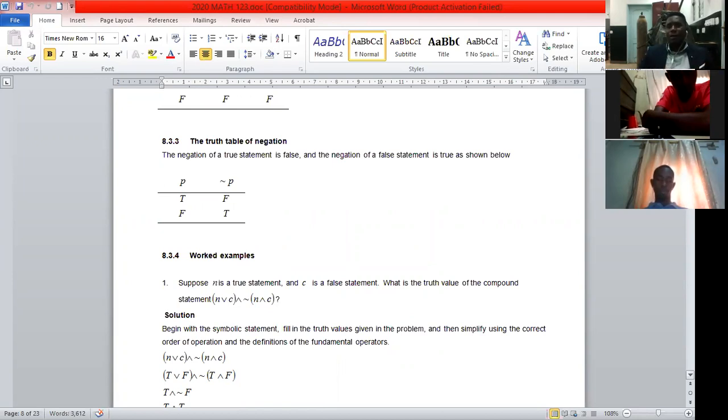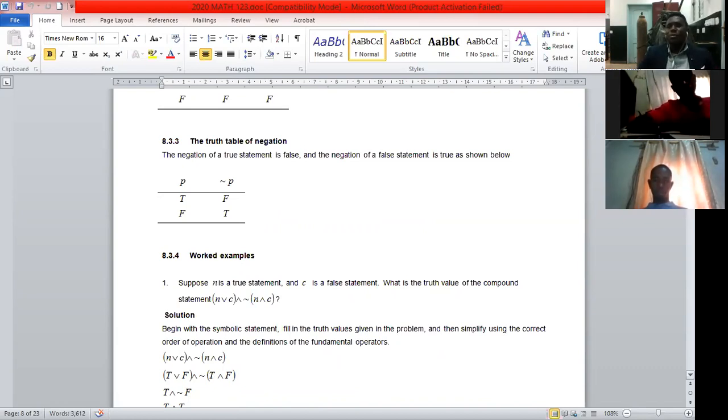These are operators in logic that we have used, and you know how to write the negation of a statement. You should also be able to do the truth table now of conjunction, negation, and disjunction. You should be able to do that.